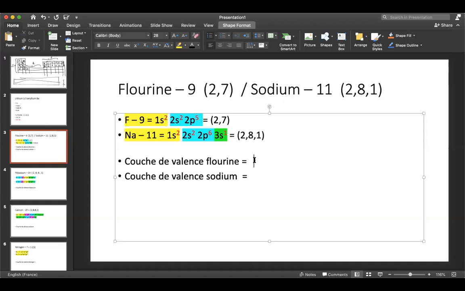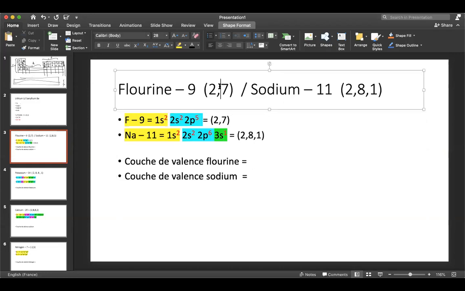So in other words, the reason I gave the electronic configuration is that it will be a guide for you when doing these things. The couche de valence, using the electron configuration we learned, is going to be the one with 7 electrons for fluorine, where electrons can come in or go out.